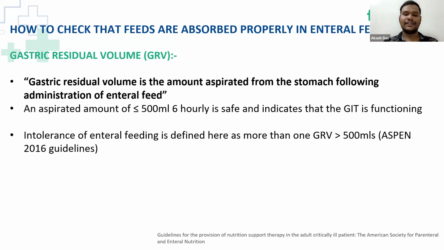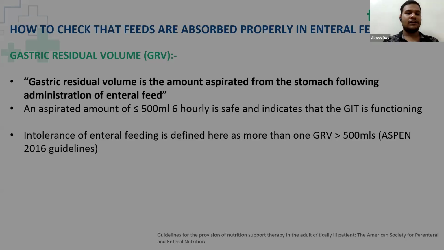Intolerance of enteral feeding is defined when more than 500 ml of aspirate is there. So every sixth hourly, when you get more than 500 ml of aspirate, then you can think that your enteral feeds are not being absorbed properly.